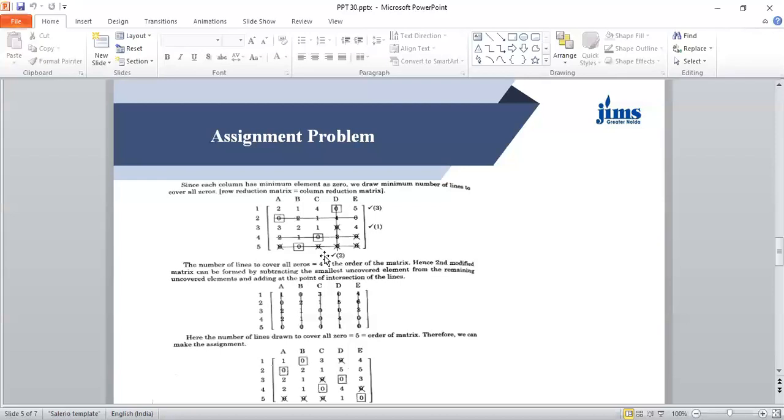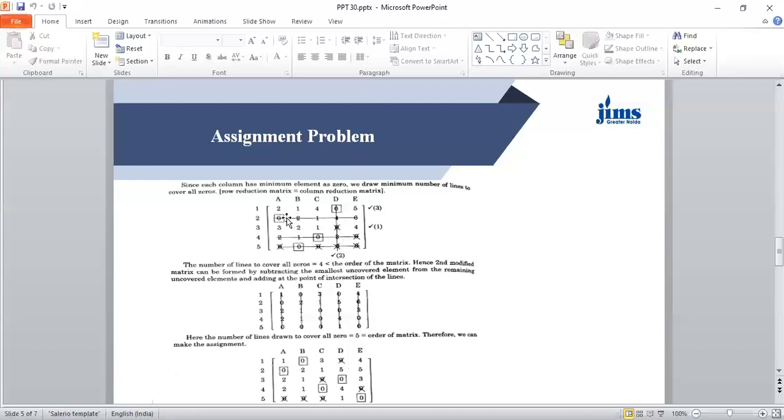Actually, we are in the process of creating more zeros. So we select the minimum value which is not covered by the lines. The minimum value is 1, so we have to deduct 1 from all the uncovered elements. And this value has to be added at the intersection of the horizontal and vertical lines.